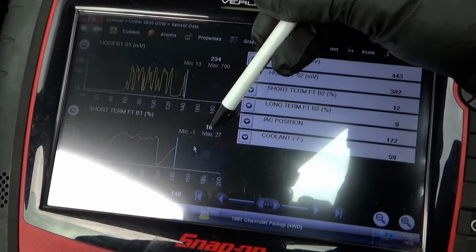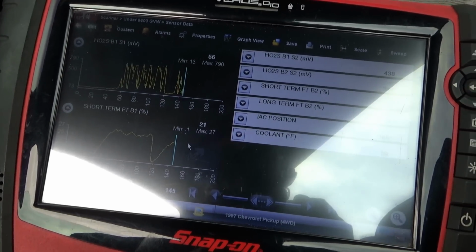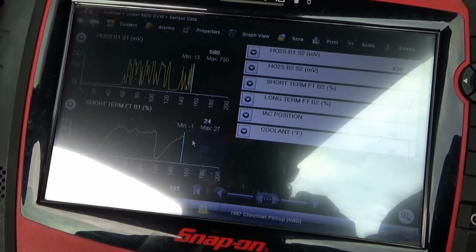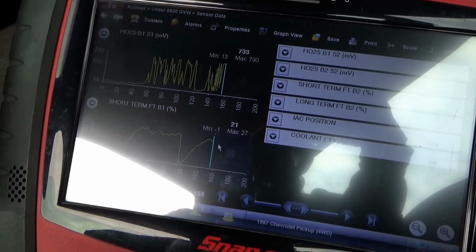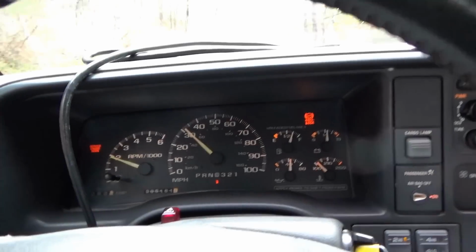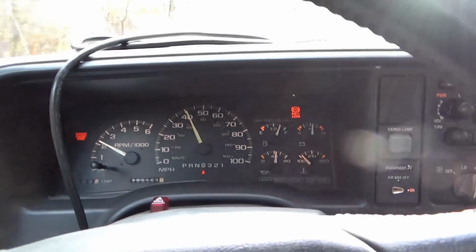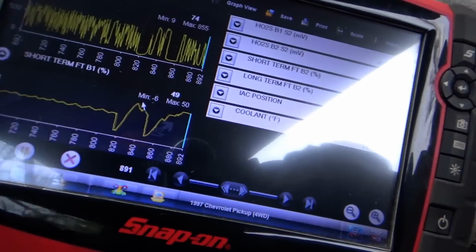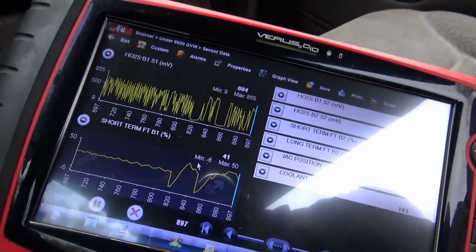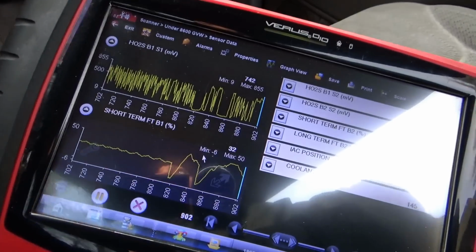Lean until we get to like 18%, 20%. So it looks like it's running lean right now. Let's take it for a spin, see how it drives. Alright, I'm stepping on it. Seems to be okay, but 50% fuel trim, super lean condition, so that's what we're chasing.